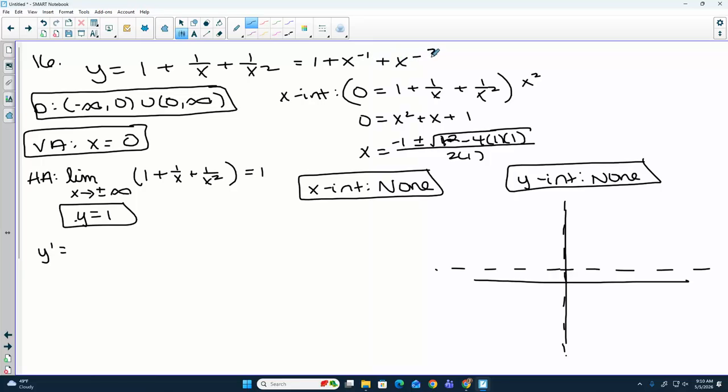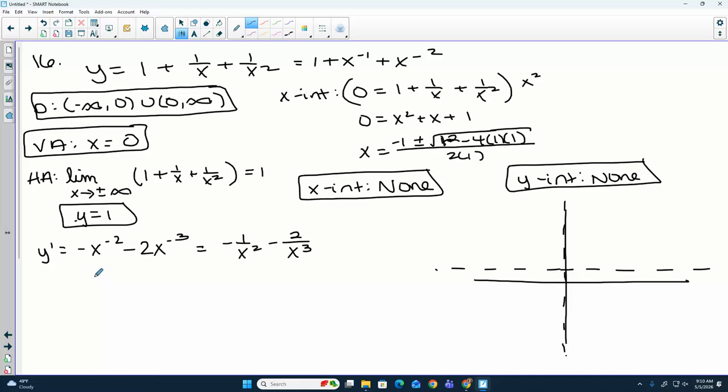So it would be negative x to the negative 2 minus 2x to the negative 3, or maybe 1 over x squared minus 2 over x cubed. Okay, we need to find our critical points, so I'm looking for anywhere this is 0 or undefined.